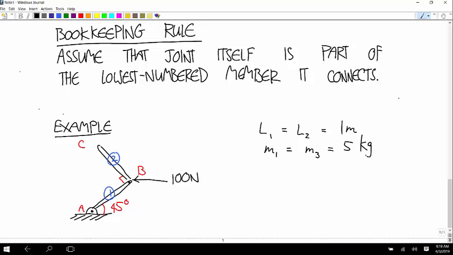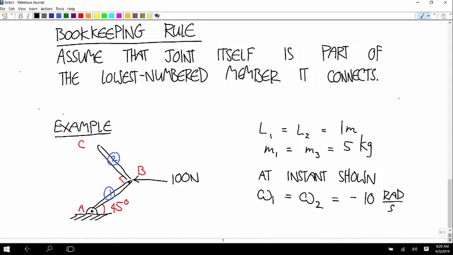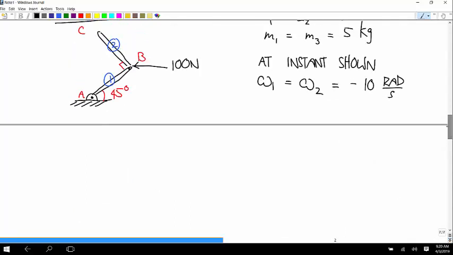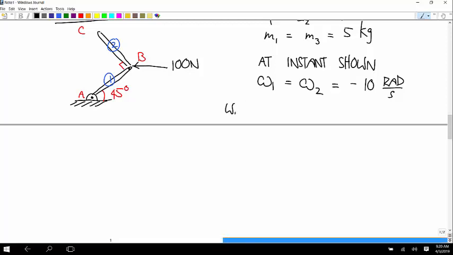And let's say at this instant, omega 1 and omega 2 are both negative 10 radians per second. And we want to calculate, well, let's start by just calculating the angular accelerations of both of these members.